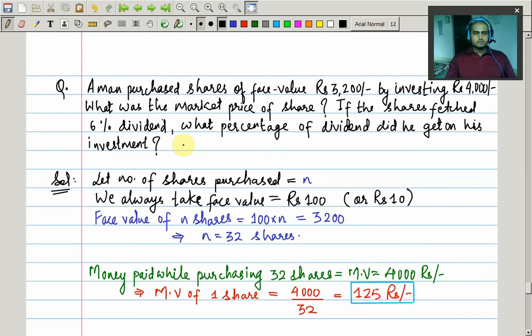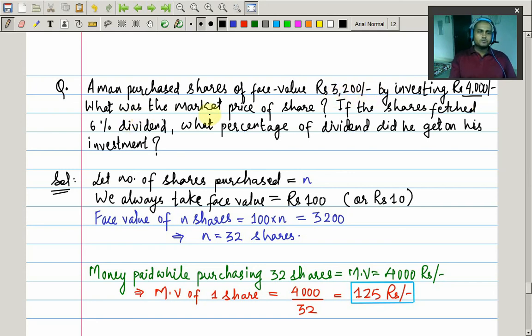So let's take this question. A man purchased shares of face value of rupees 3,200 by investing 4,000.